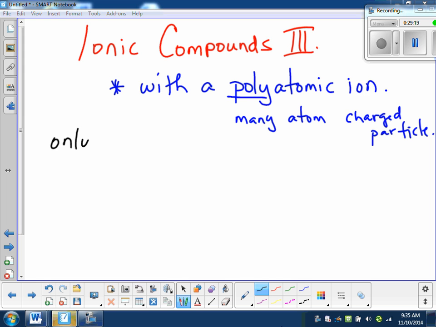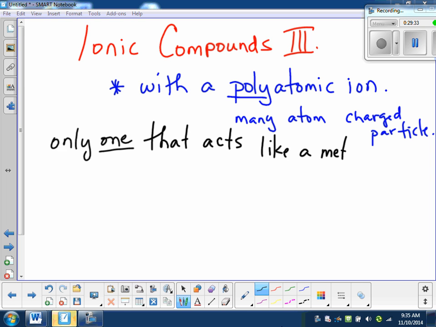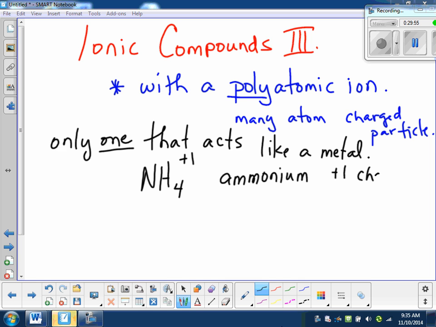There's only one for this year in grade 9 that acts like a metal. And that one is ammonium, and it has a charge of +1. Okay, so this is ammonium, and it's in the +1 charge.